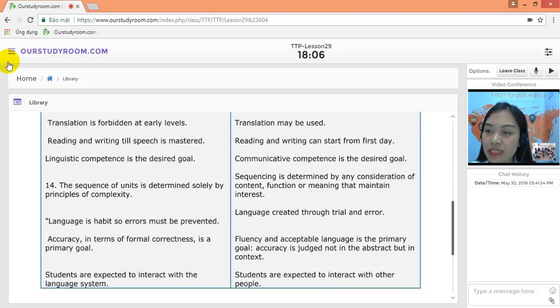Yes, premise. Okay, so language items are not contextualized, while communicative contextualization is a basic premise. What is this? What is contextualized?